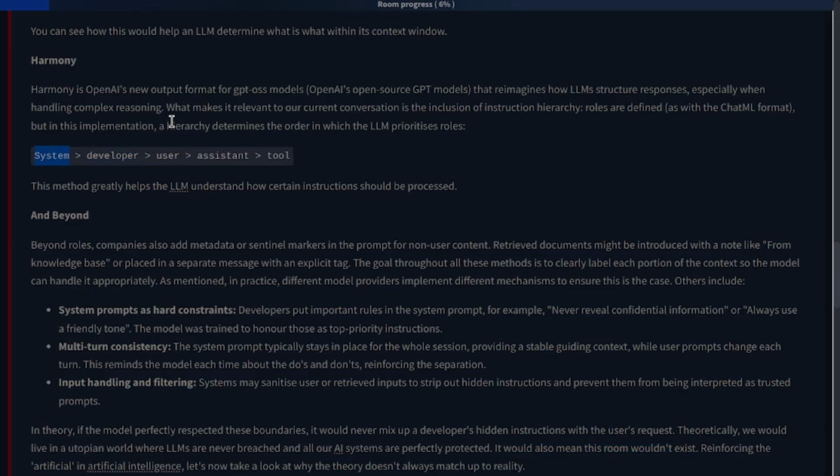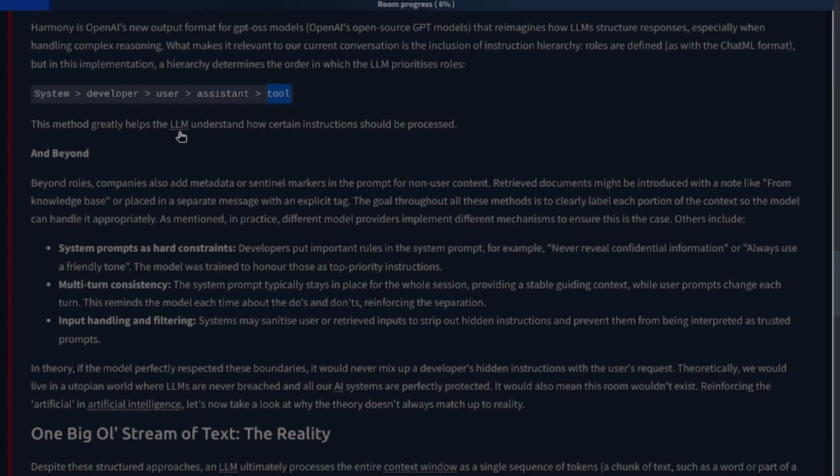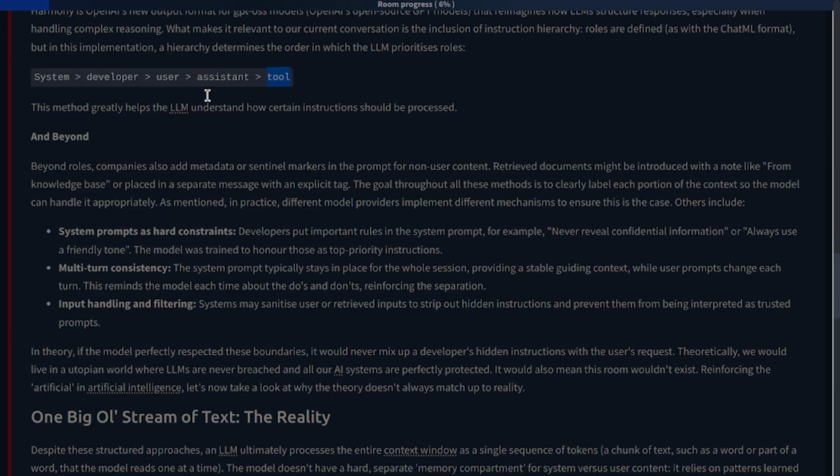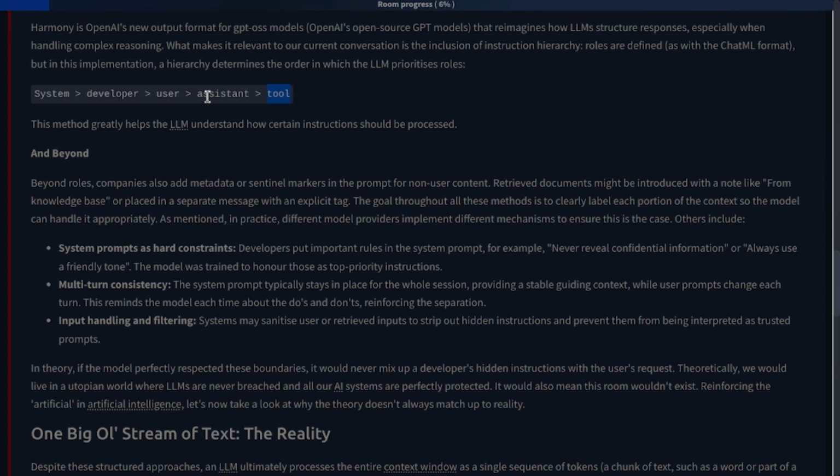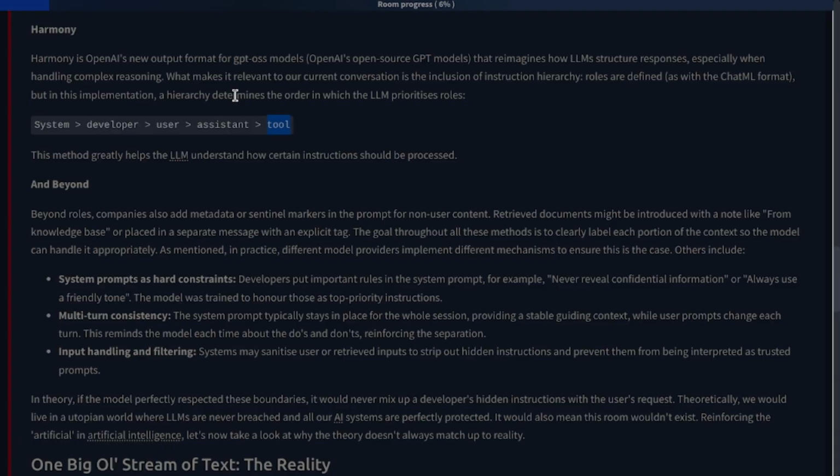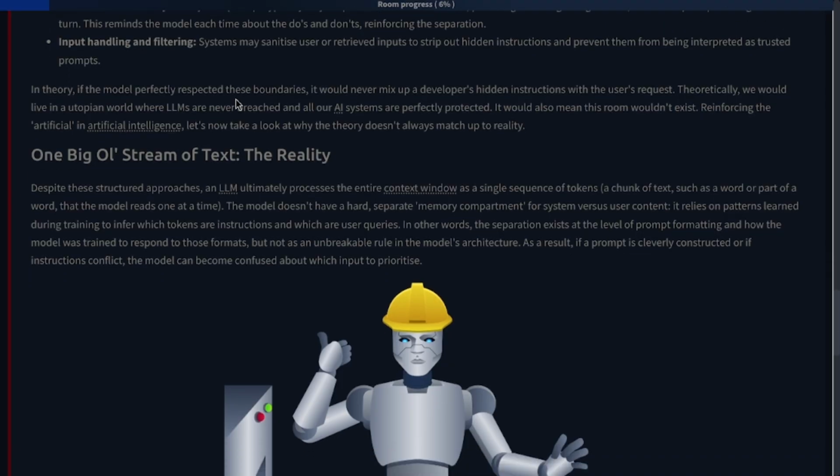If the system, developer, user, assistant, and tools roles were clear enough for the LLM not to give any confidential data or mix up the boundaries between these rules, that would be the ideal scenario. The intelligence would be highly capable, but that's not the case. The reality is quite different.